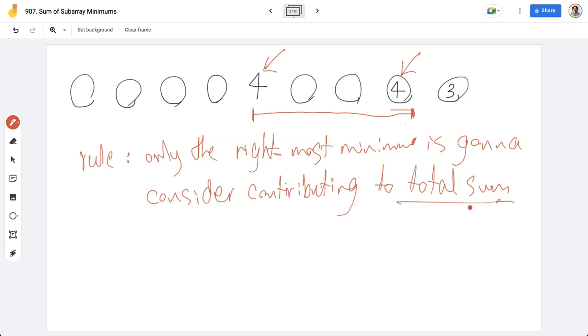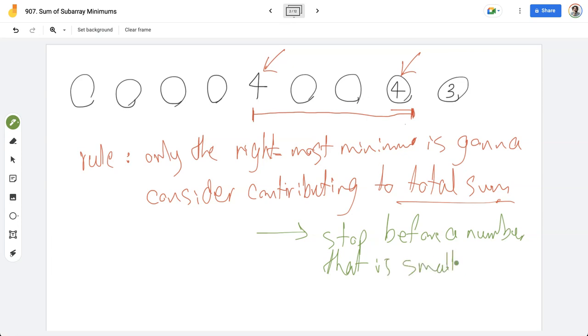So what does that mean? That means when we are going to the right, we stop before a number that is smaller than or equal to 4.